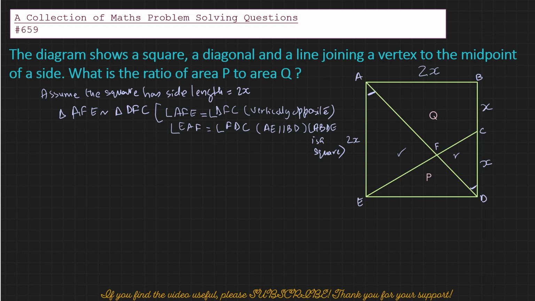Using similar reasoning, angle AEF is equal to angle FCD. So we've established this, and therefore the sides are proportional.